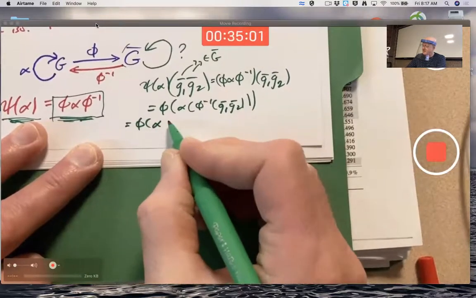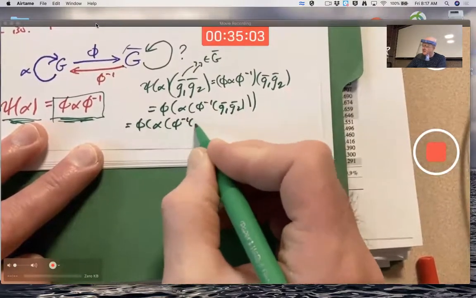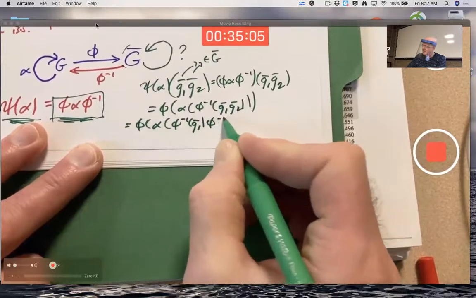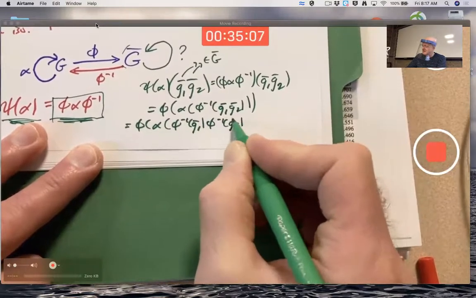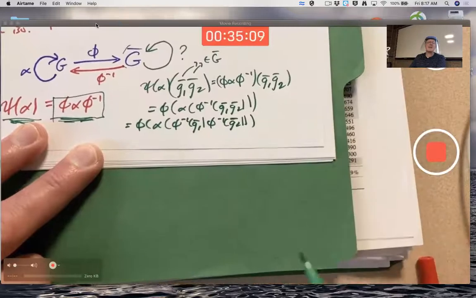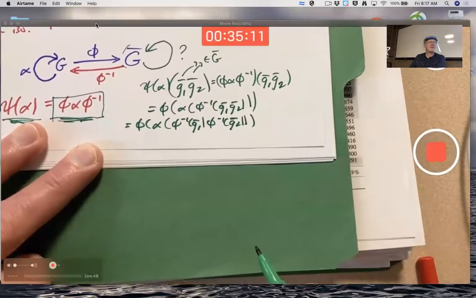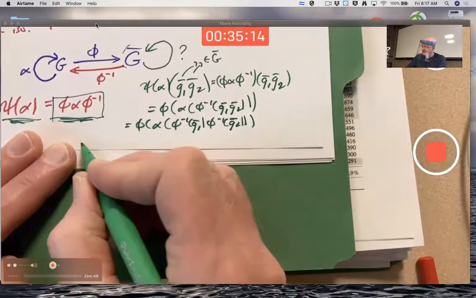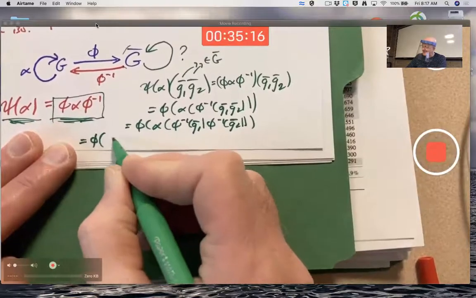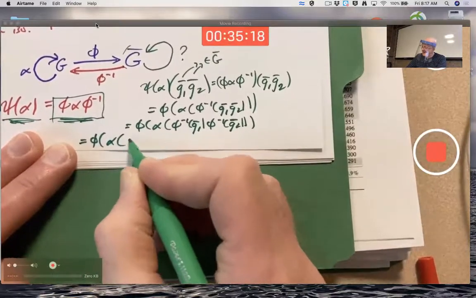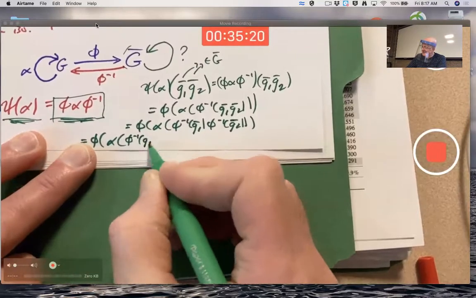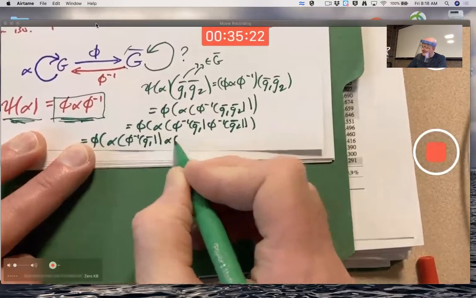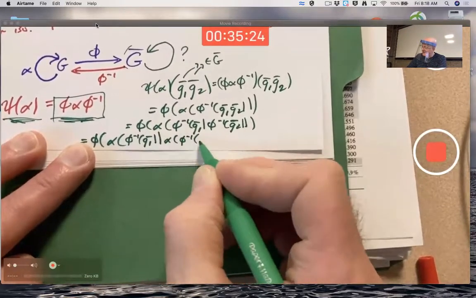Now use the fact that phi inverse is operation preserving to write this. Next, use the fact that alpha is operation preserving to write this. Can I fit it all on one page?